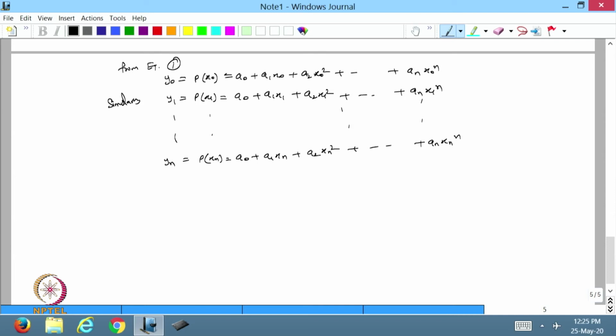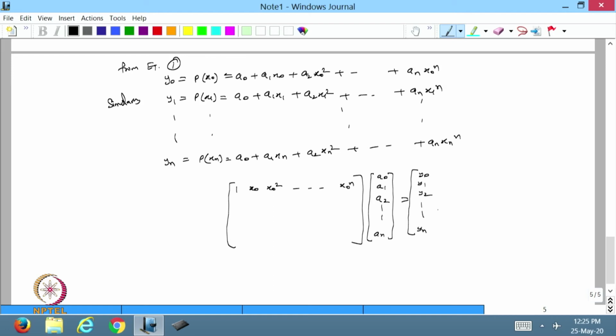Now, to find out these values of a0, a1, a2 up to an, I can convert this system of equations into matrix form. Here I can write 1, x0, x0 square, up to x0 power n. Here I can write a0, a1, a2 up to an, that is equal to, and on the right hand side I will get y0, y1, y2 up to yn.